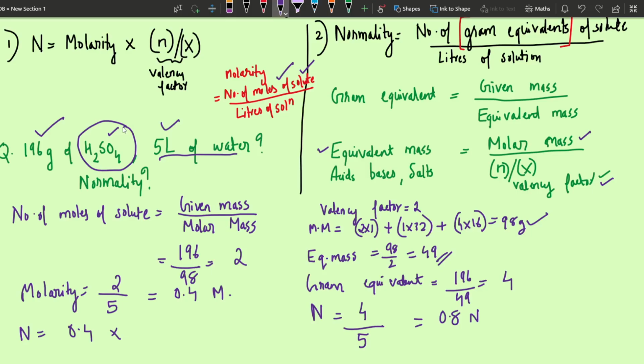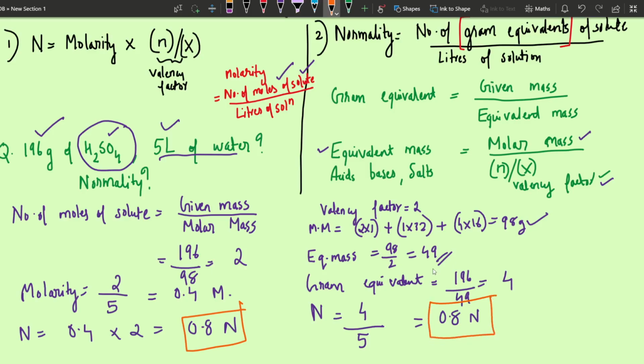For H2SO4 it is 2 because of the 2 H plus ions, like we have discussed earlier. So molarity into valency factor is 0.4 into 2, which is 0.8 here.